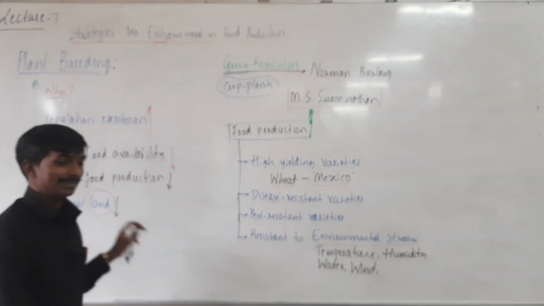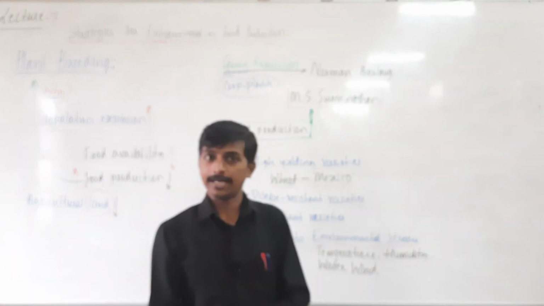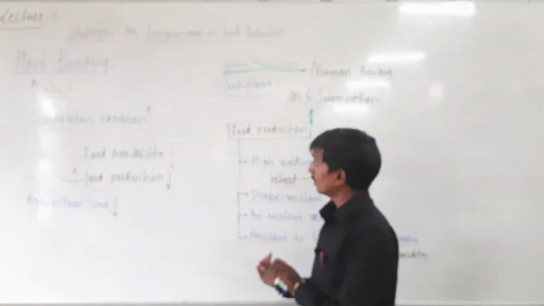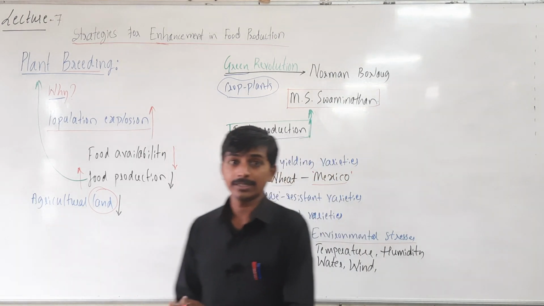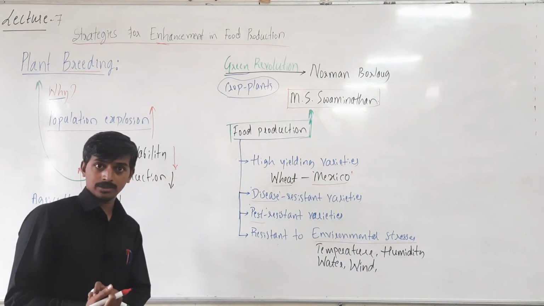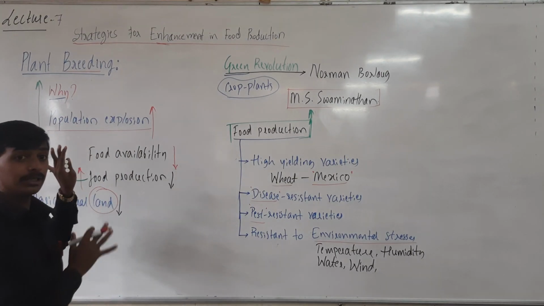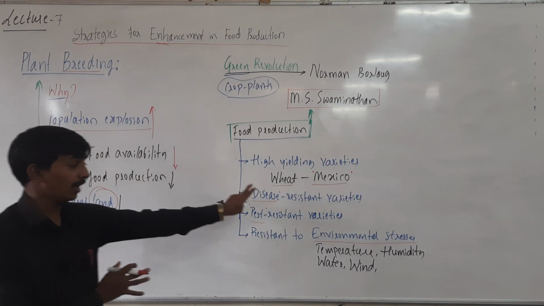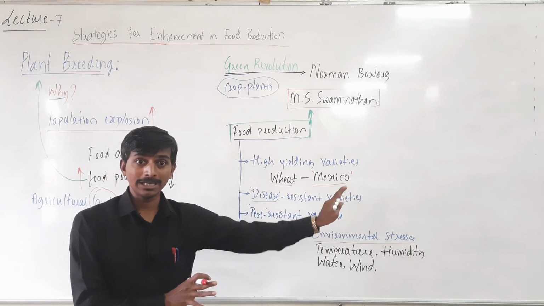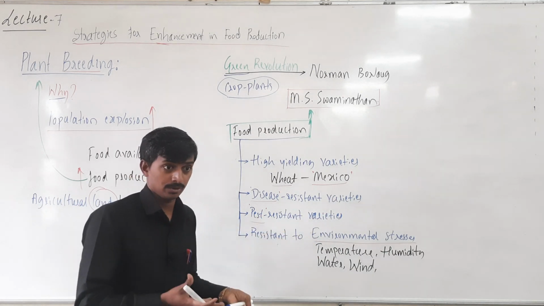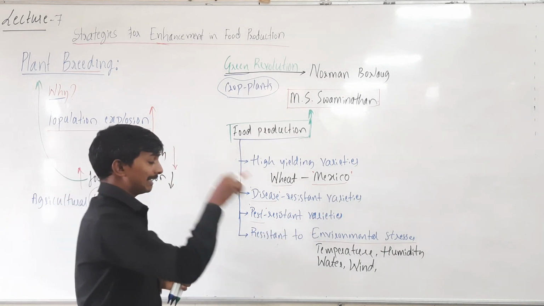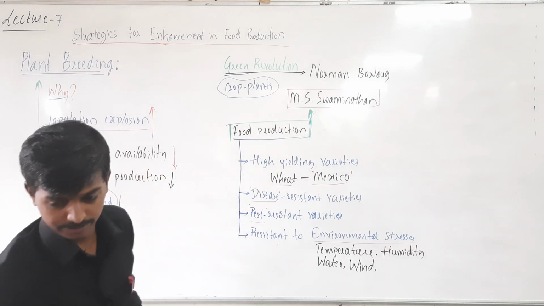So, that is how plant breeding has started. This is the actual need of plant breeding. This is the aim of plant breeding: why it has been done, what is the purpose, how it should be brought into practice.